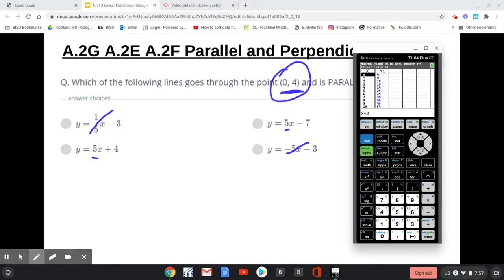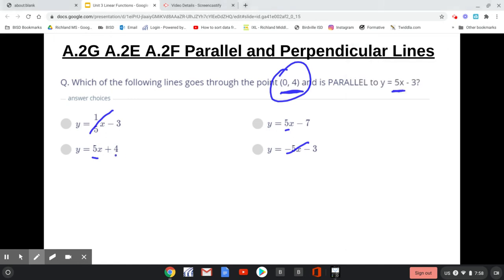Just to double check, I'm going to hit y equals, and we have 5x minus 7. Second table, and see when x is 0, y is negative 7. So that doesn't work. This is the only one. We would have known that anyway because the y-intercept is 4, and when x is 0, y is 4. I mean, it can't get any easier.